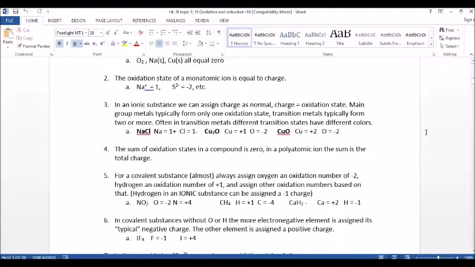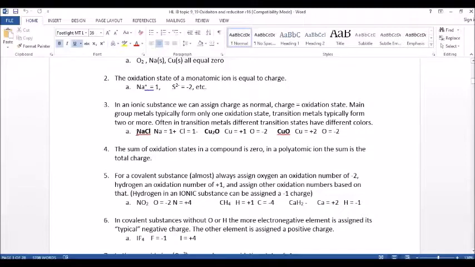Now, if you're looking at just an ionic substance, without realizing it, we've already been thinking about oxidation numbers and charges. If you're looking at an ionic substance and you're asked to define oxidation states, just figure out what the charge of the thing is, either from where it is in the periodic table or whatever.